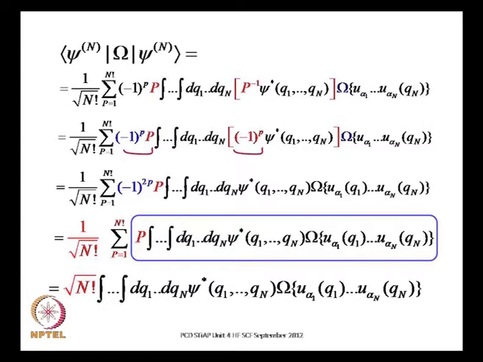Okay, you are integrating over all of these n variables, and then you permute the indices. How does it matter? They are dummy labels. Okay, q1, q2, everything is a dummy label. I can call q1 as x, q2 as y. So, I can call q1 as q2 and q2 as q1.